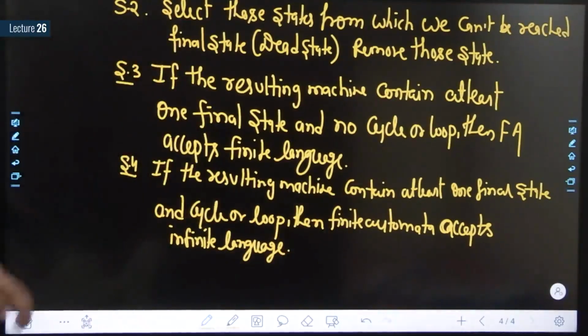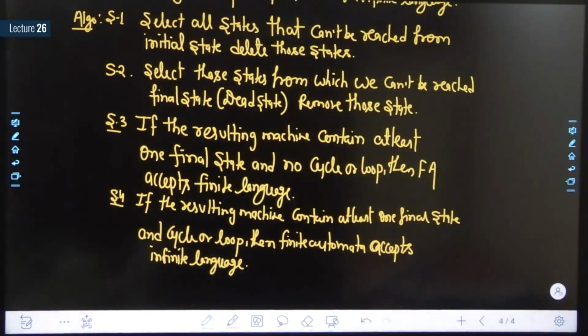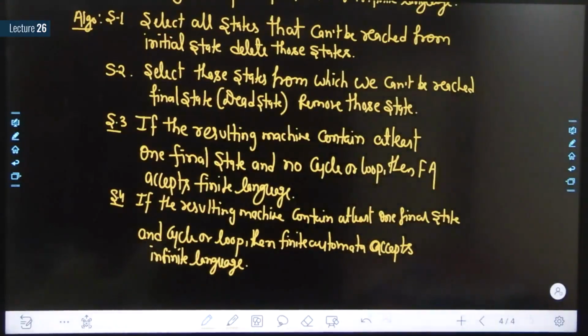Clear? Please note this algorithm. After that, we will see some examples. Clear? See some example.